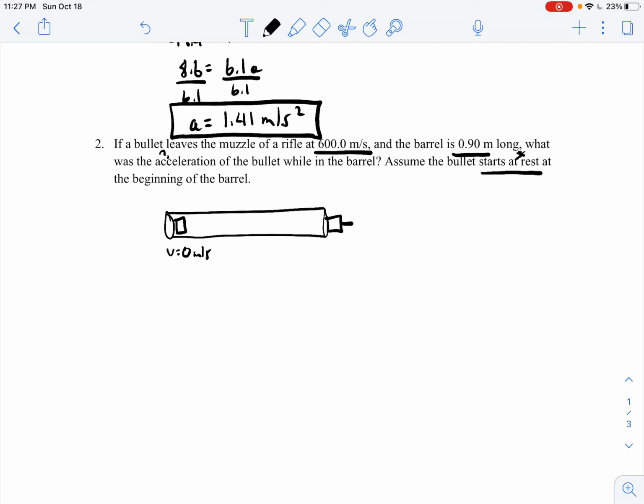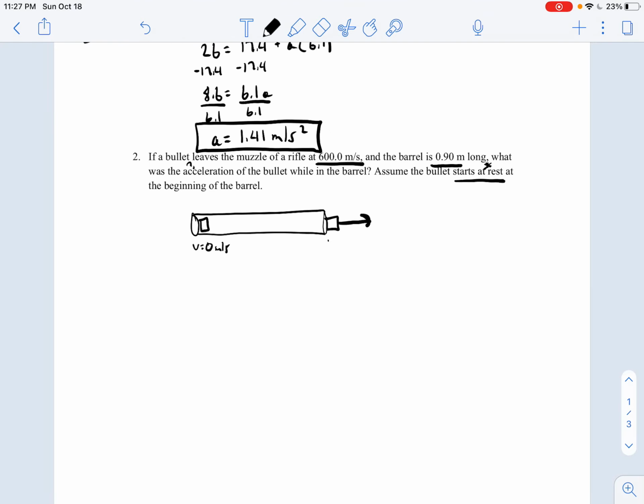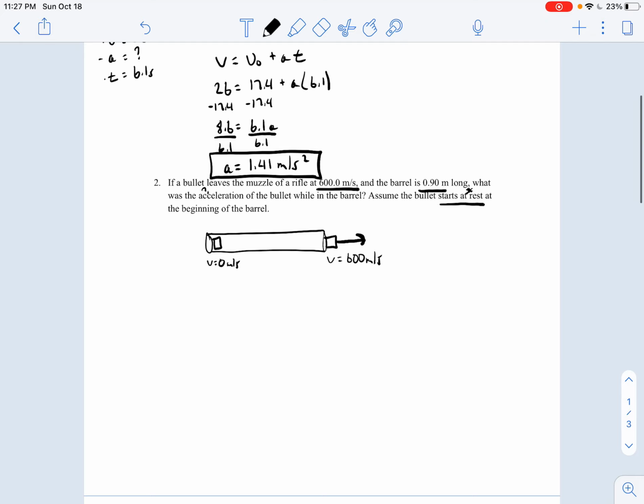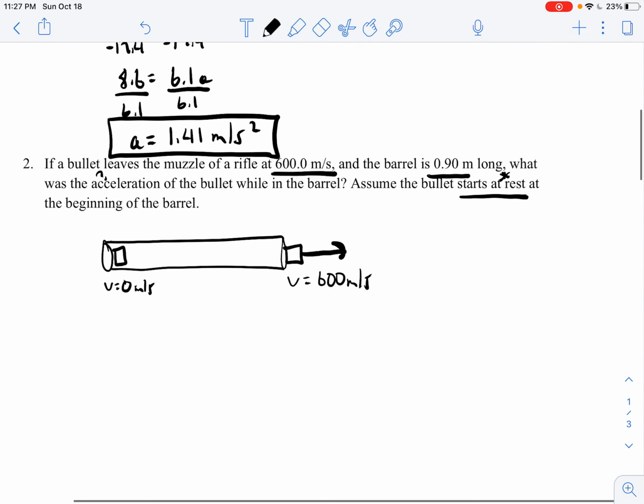As our bullet exits the barrel of our rifle, it's going to be traveling with a velocity that we'll say is equal to 600 meters per second. I know that this barrel here is going to be a total of 0.9 meters long.